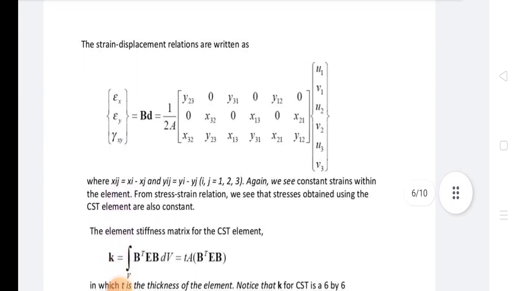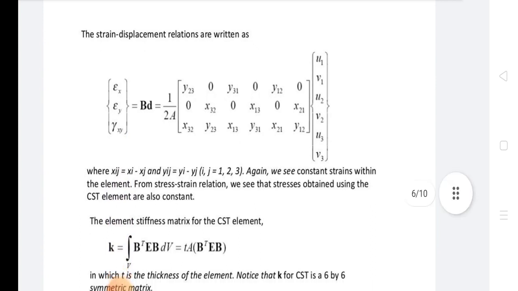The strain displacement relations are written as {epsilon x, epsilon y, gamma xy} equal to B into d, where B is 1 upon 2A times a matrix with entries y23, 0, y31, 0, y12, 0 and so on, where xij is equal to xi minus xj, yij is equal to yi minus yj, i, j equal to 1, 2, 3. Again we see constant strain within the element.